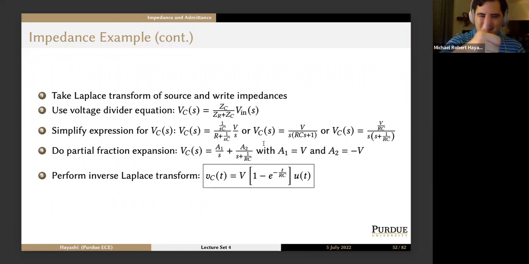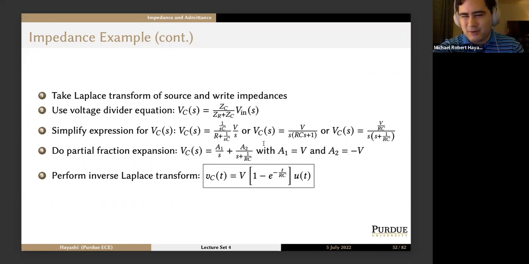Now I'm going to take my thumb, cover the S plus 1 over RC term, and figure out its coefficient. So what makes S plus 1 over RC equal to 0? Well, that's S equals negative 1 over RC. So plug in S equals negative 1 over RC into what is remaining, and we get V over RC over negative 1 over RC.